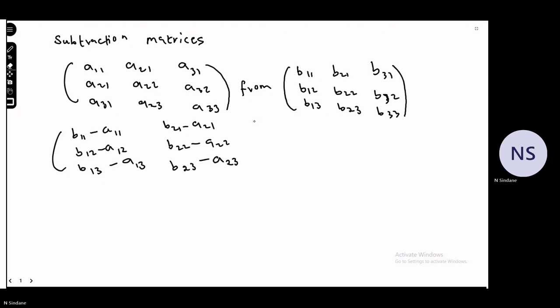Remember, we are subtracting A from B. So we will have B31 subtract A31, B32 subtract A32, then B33 subtract A33. This is how you subtract them. You can clearly see that you have 3 rows and 3 columns, so this will give you a 3 by 3.